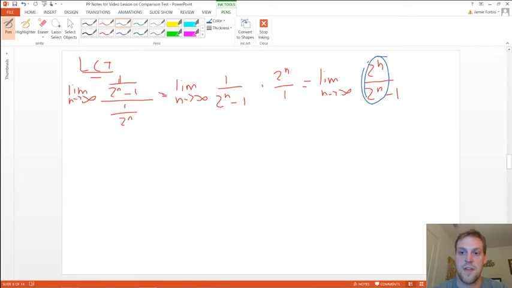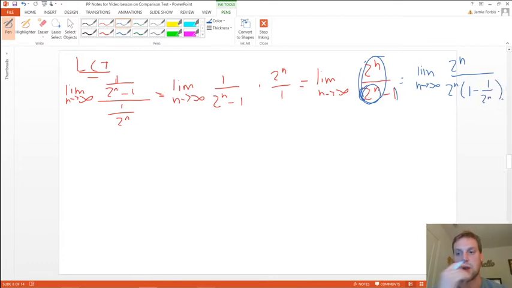In order to simplify that out, I'm actually going to take this 2 to the n as a GCF out of this quantity right here. This is actually going to be equal to the limit as n is approaching infinity. I'm going to have 2 to the n on top, and if I take a GCF of 2 to the n out on bottom, I'm left with 1 minus 1 over 2 to the n. Because think about what happens if I redistribute that 2 to the n. I'd be left with where I started.